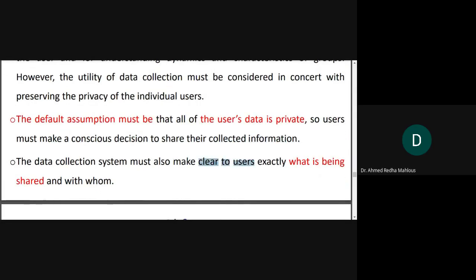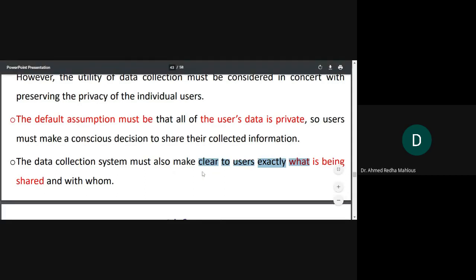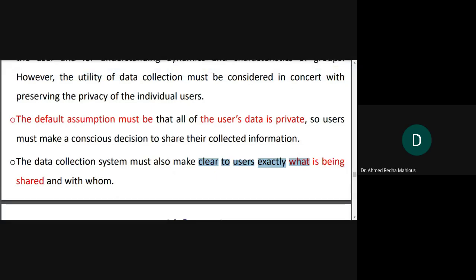Also, we need not only to tell them that the data will be shared; you have to tell them what exactly is being shared and with whom. Maybe the smartwatch is collecting temperature data, your location, and your heartbeat.